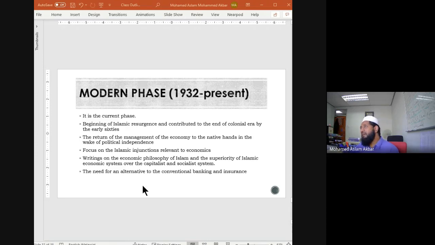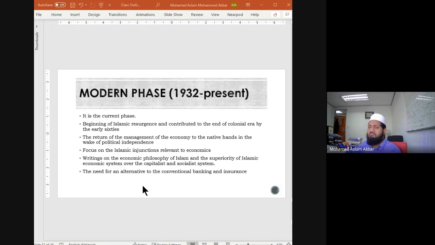But the problem here is that we cannot fulfill the responsibility of the modern phase without understanding the other phases. Is it okay if I just finish my degree in economics, then go and learn Quran and Hadith, and then apply everything and create a new economic system?